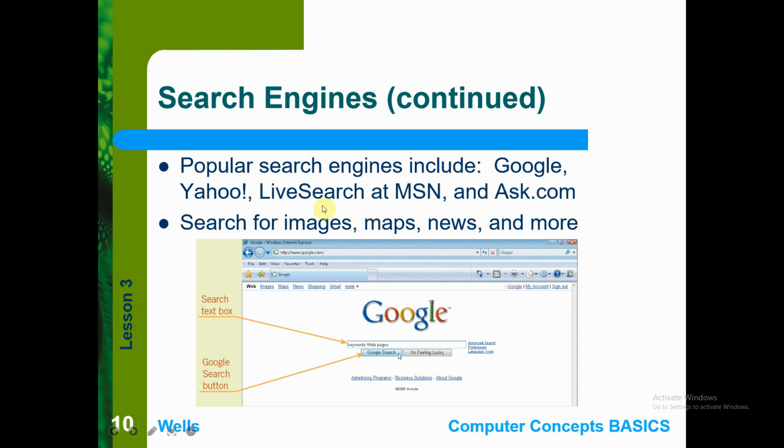So other popular engines, we have Live Search, MSN, and ask.com, but usually they are no longer active in terms of general search engine use, and are more topic specific types of search engines.